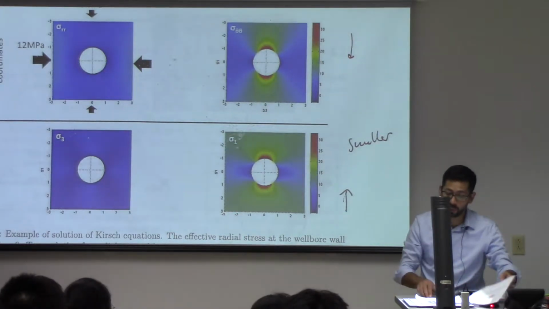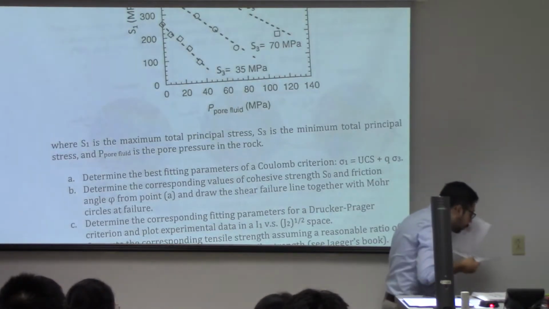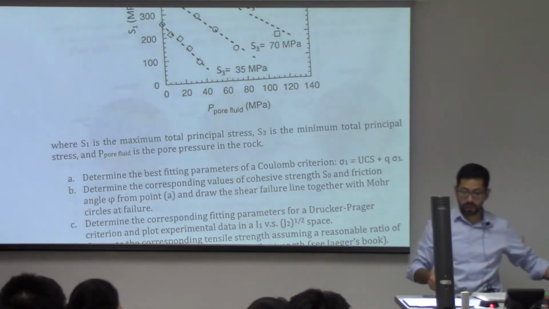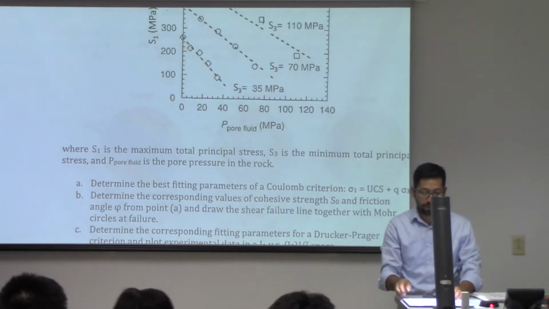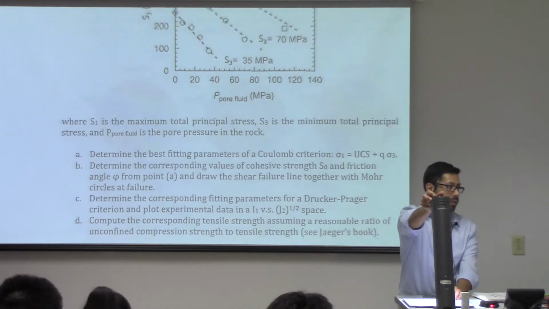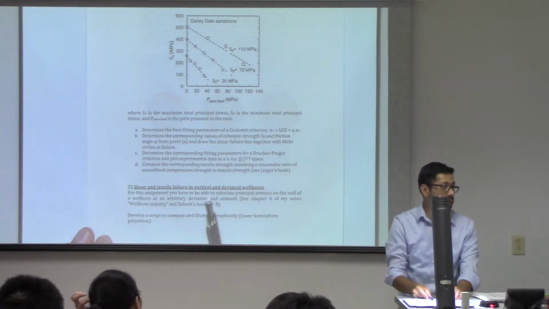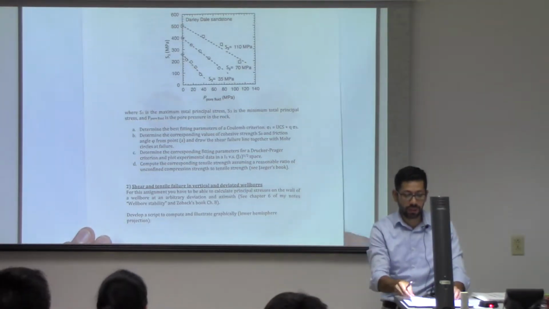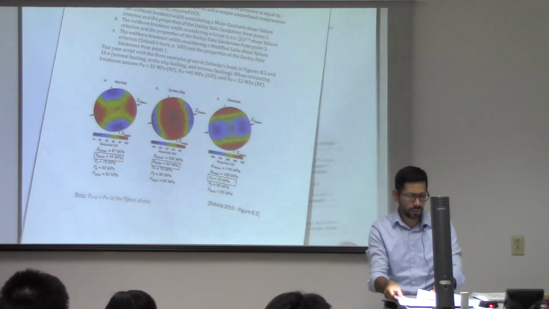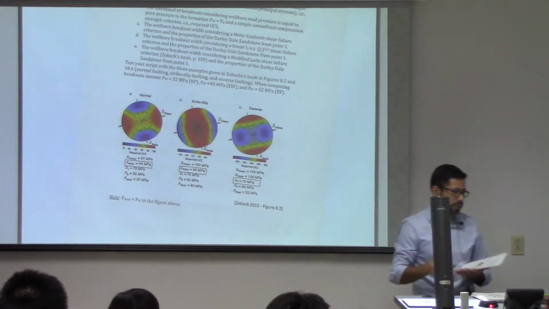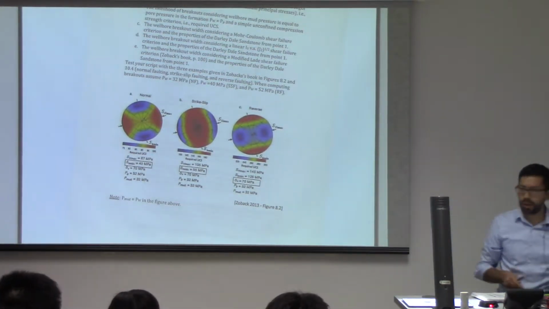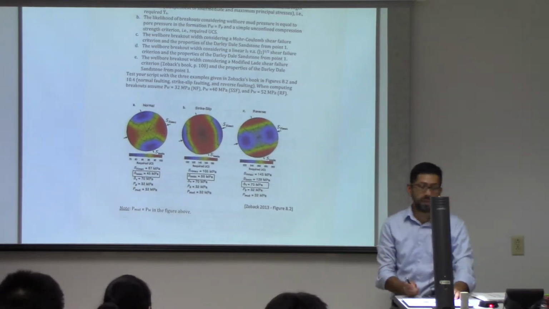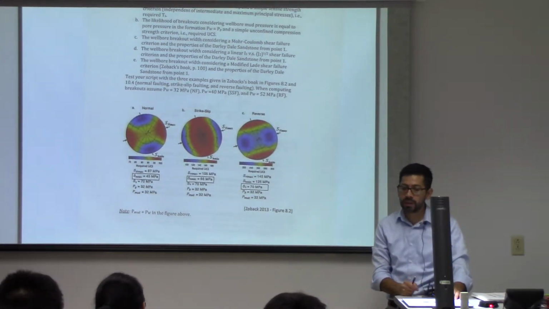but you have to go one step further and compute that for deviated wellbores. In order to plot all possible solutions for a deviated wellbore, you're going to use something called a stereonet plot or a lower hemisphere projection. So let me tell you what this is.